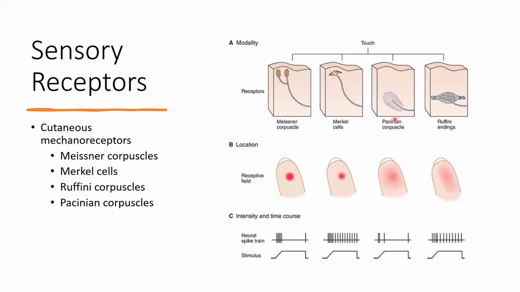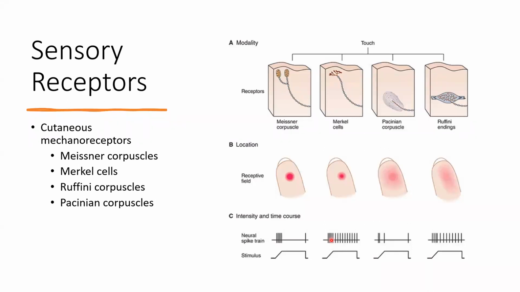Note that if the receptor is located deeper in the dermis, its field of reception is wider. If it is located in the superficial, epidermal layer of the skin, there is a narrow field of reception, but it is much more exact, able to narrow down the specific location of the stimulus compared to receptors found deeper in the dermis.